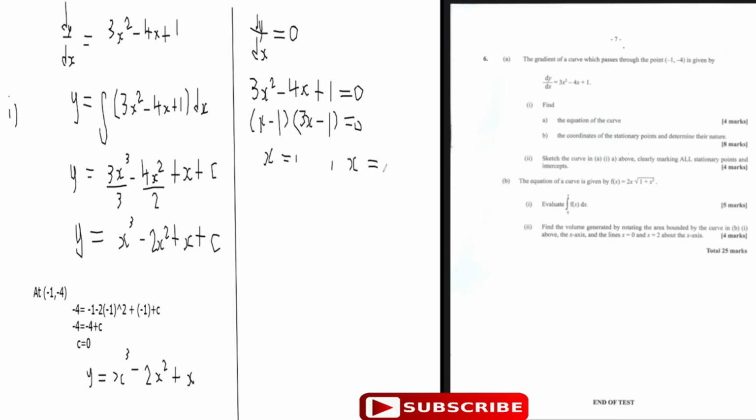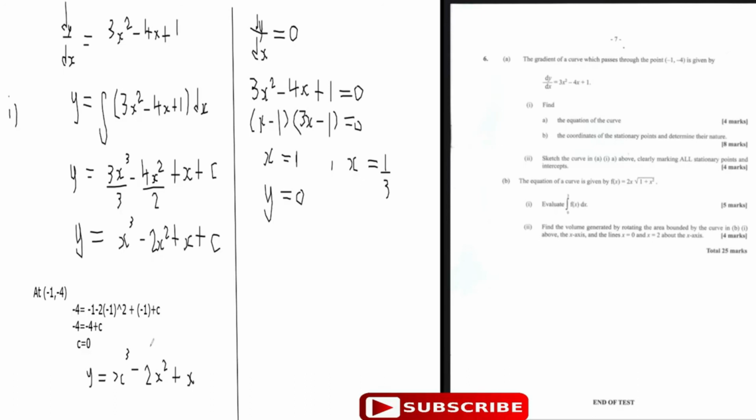So now that these are the two stationary points, what do we do? Now x is 1, we need to find y. When x is 1, we plug in 1 here, we have 1 cubed minus 2 times 1 squared plus 1. So when x is 1, we get y is 0. Then we'll put in 1 over 3. We're going to have 1 over 3 cubed minus 2 times 1 over 3 squared plus 1 over 3.